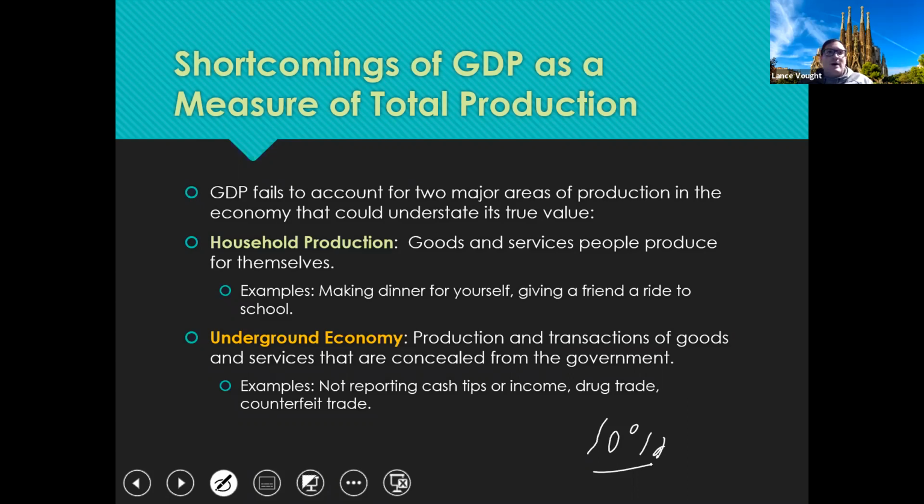A lot of people ask how marijuana plays a role in the GDP measurements. As of right now, I think it's like 11 or 12 states where it's recreationally legal, and I think in 38 states, maybe even more, it's medically legal.